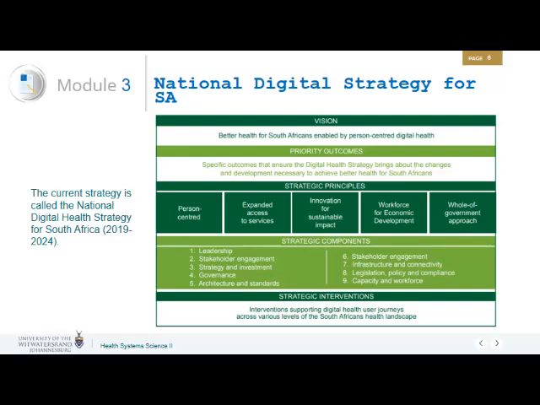So this led to a range of strategic components. Leadership is obviously key. We need to have clear guidance from people who are leading this directive. We have to engage stakeholders. There are many, many people involved in this process, and they need to be adequately engaged. There has to be a clear strategy, which is outlined in this document, and we need to invest in this form of infrastructure.